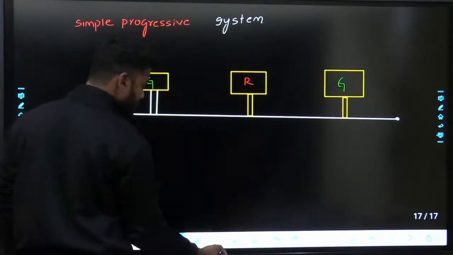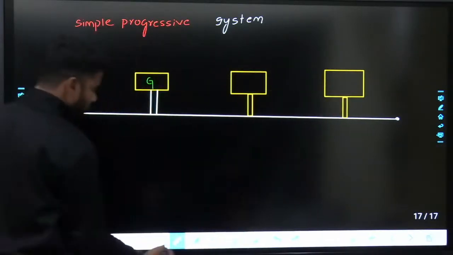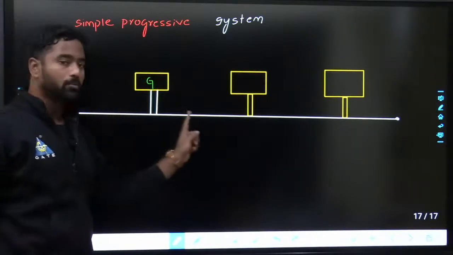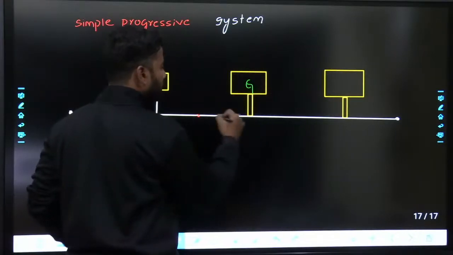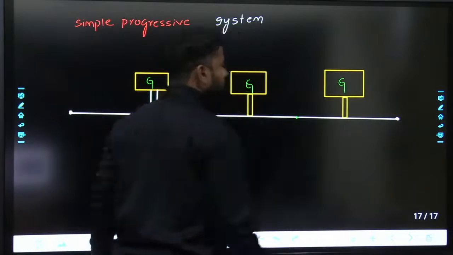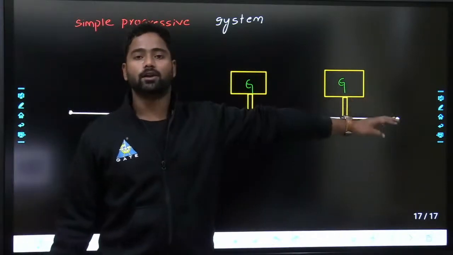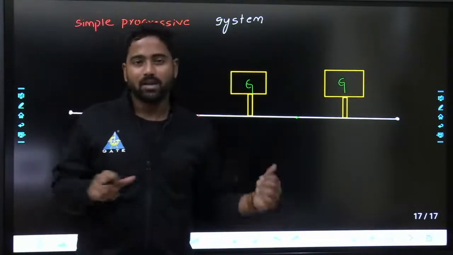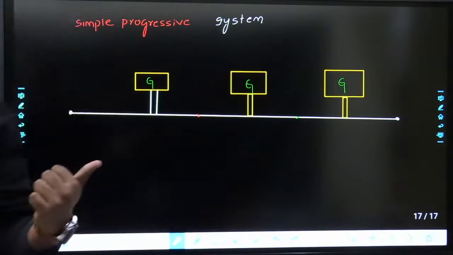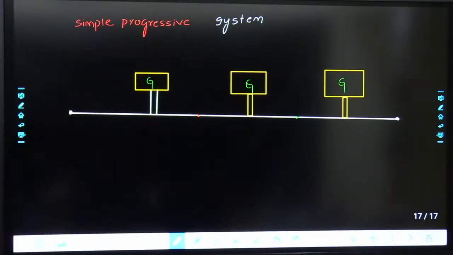In the simple progressive system, when you start, it will be showing green, and you will go up to here. Once you go up to here, suddenly it will change to green, and once you go up to the next one, it will change to green, so that without any delay you can reach over here. This is the simple progressive system. Now, in a simple way, is it clear?